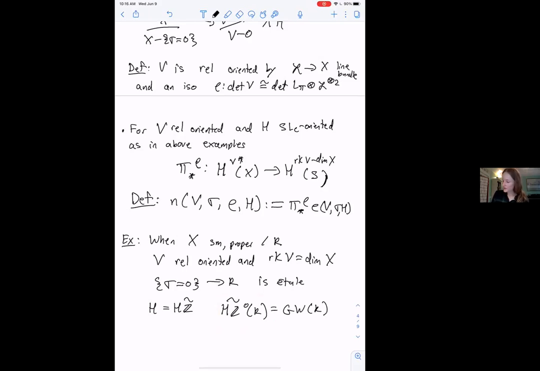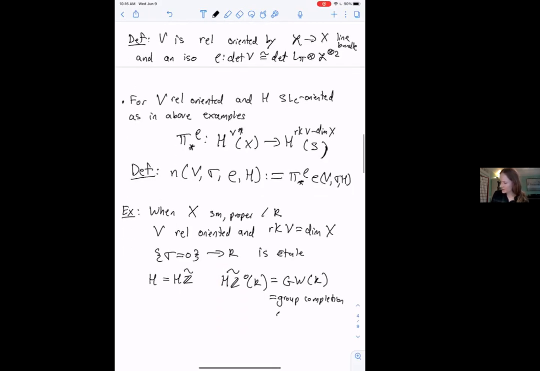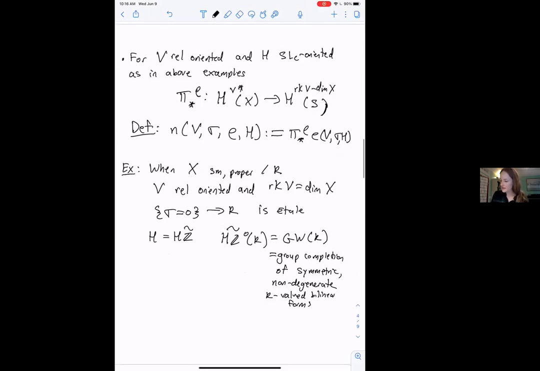which is the Grothendieck-Witt group of K, which is the group completion of symmetric, non-degenerate, K-valued bilinear forms. Let's have notation.